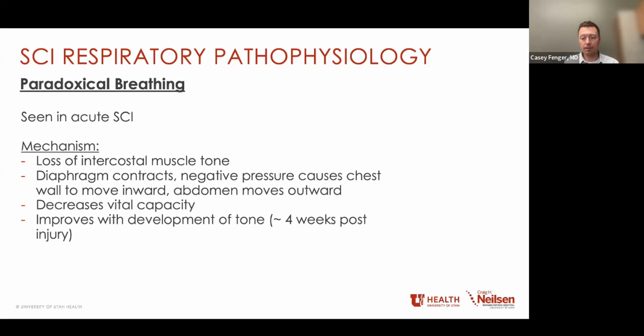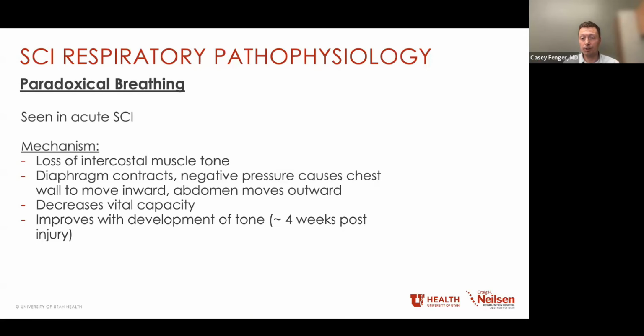And when your chest collapses in, it decreases the volume of your chest cavity, thus decreasing the volume of your lungs available for gas exchange. And then you see the abdomen kind of bow out a bit, and that's because of that diaphragm pulling down. And again, you don't have that structure in your abdomen or your chest wall.